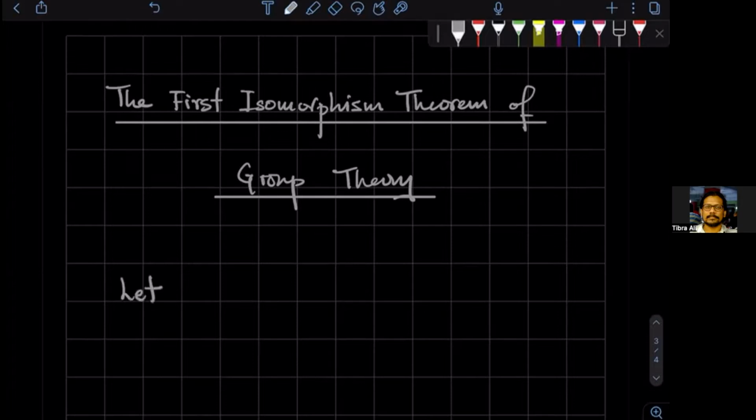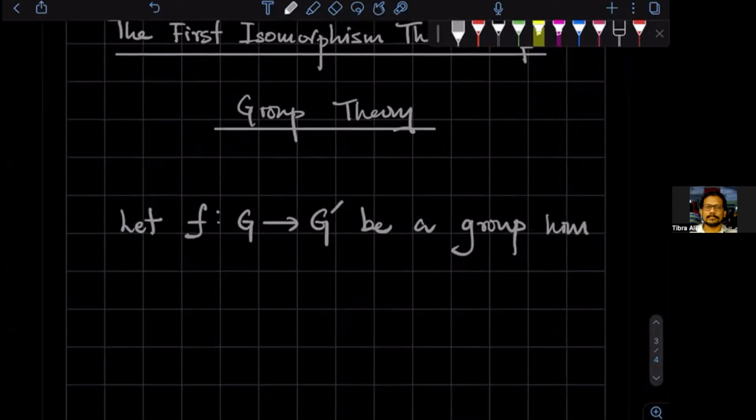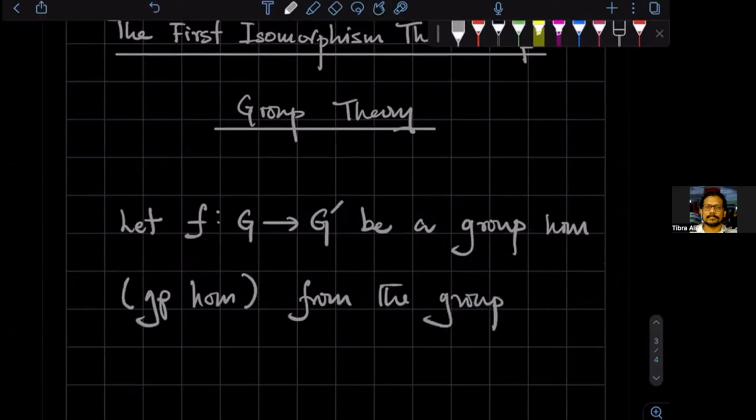The statement is that now let F, which is a map from, say, G to G prime, be a group homomorphism. From now on, I might just use GP for group, and of course I'm already using hom for homomorphism, from the group G into G prime.